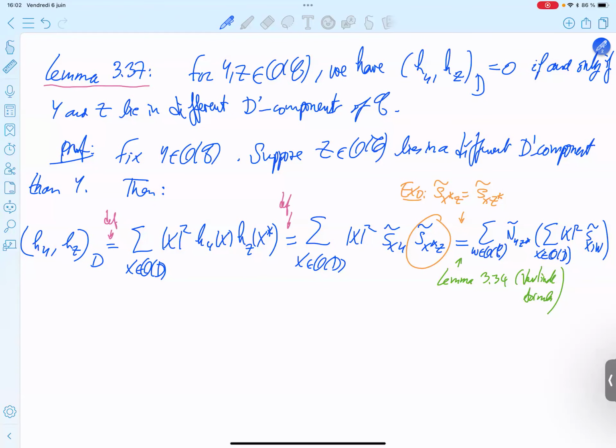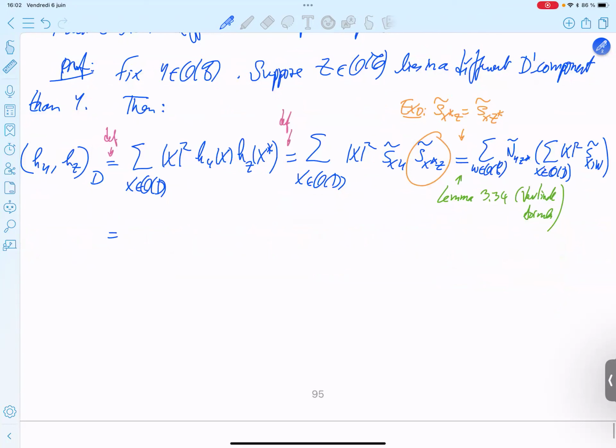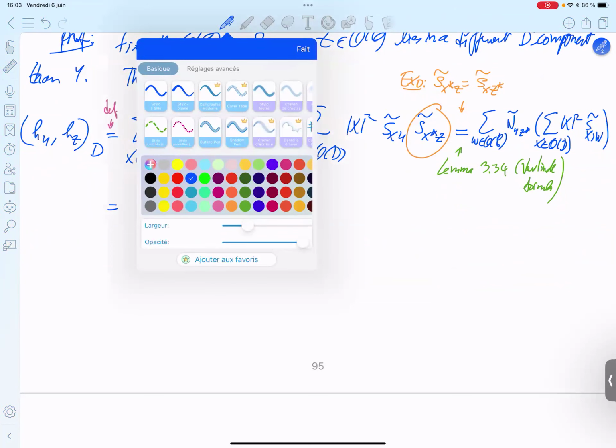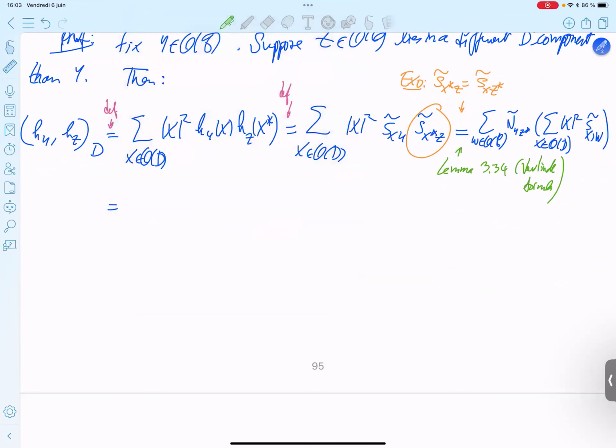Okay, so this is equal to what? And now here we will need some, so I need to recall equation 30 and equation 31 we mentioned before, which refer to a result proved in the appendix.